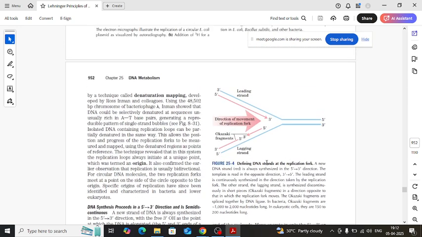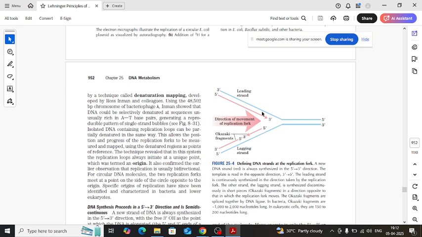So here basically, when the helicase comes and melts the DNA, this is the direction of the movement of the replication fork, right? So it will melt or denature this hydrogen bond.